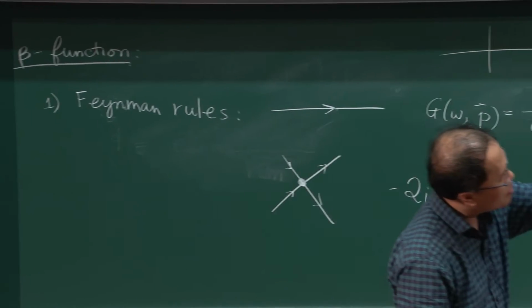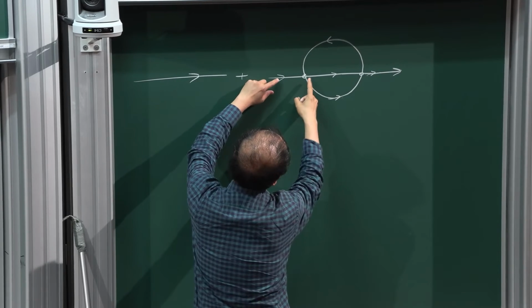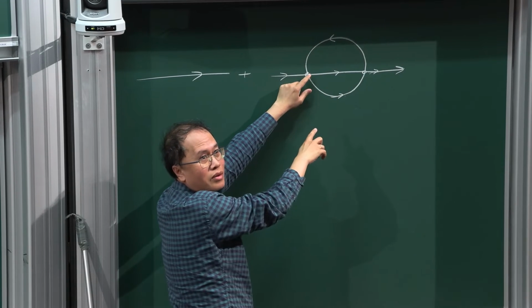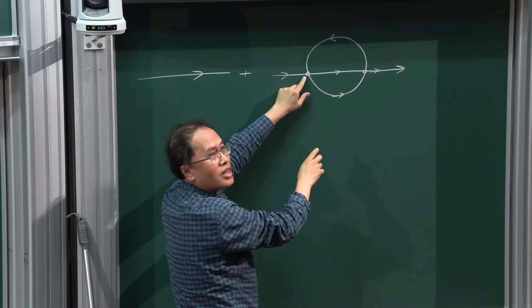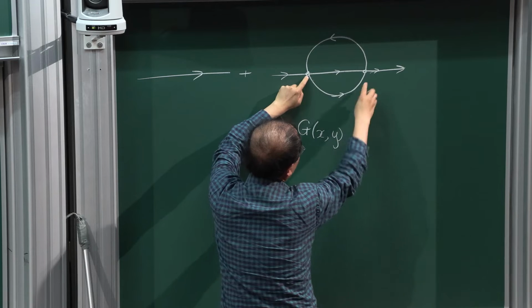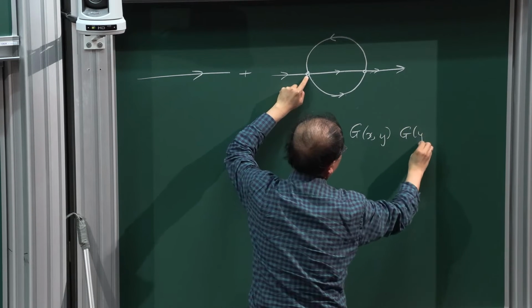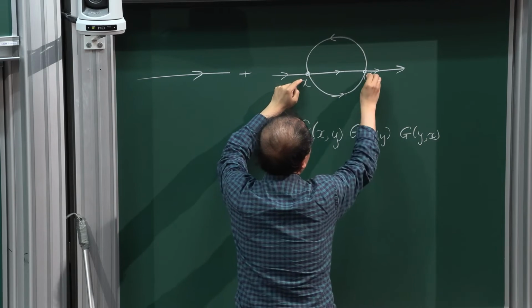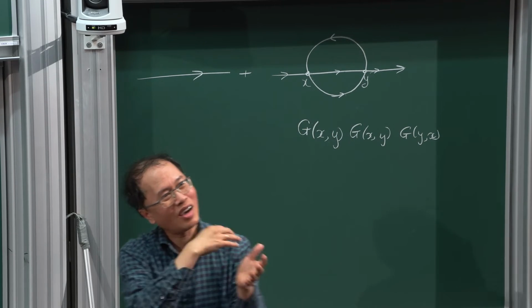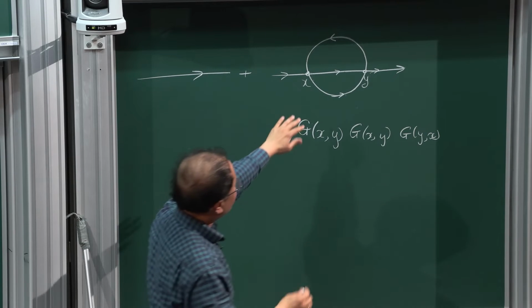So this vertex is the correct one, because we have 2 arrows coming in and 2 coming out. But right away we will see that this diagram is 0 because it contains the product of 3 different propagators. 2 of them are G(x,y) and the other is G(y,x). One of these propagators has to be 0 because the time ordering in one of them should be reversed: either the time of x is larger than the time of y, or the other way around. This product will always be 0. So the self-energy is always 0.